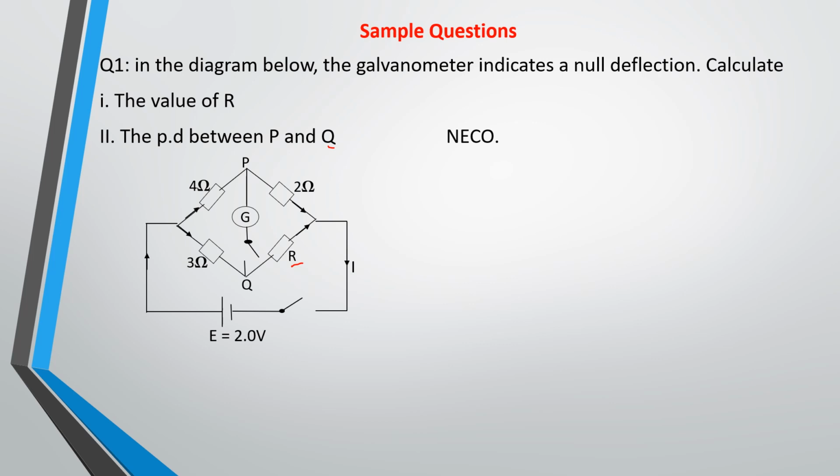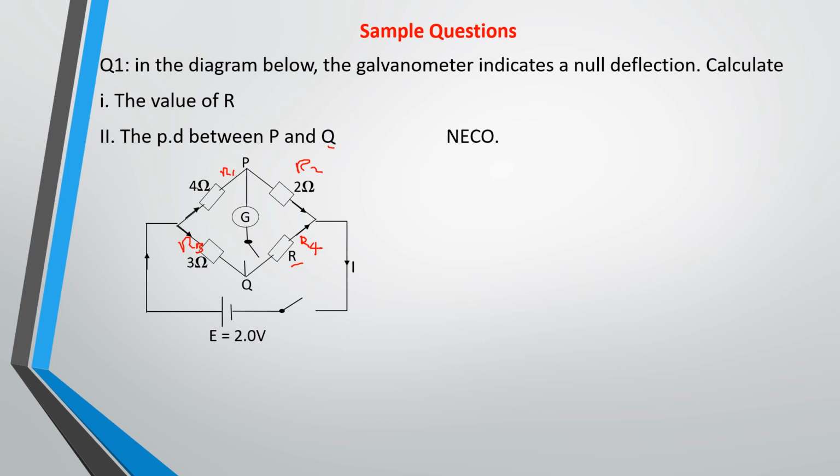Okay, so here we already have our equation. Here I can label this to be R1. This is my R2, this is my R3, and this is my R4.